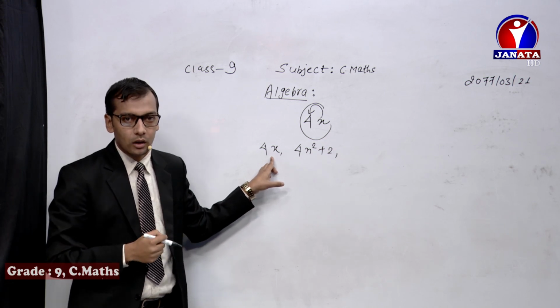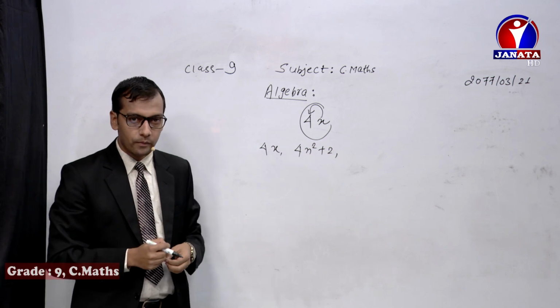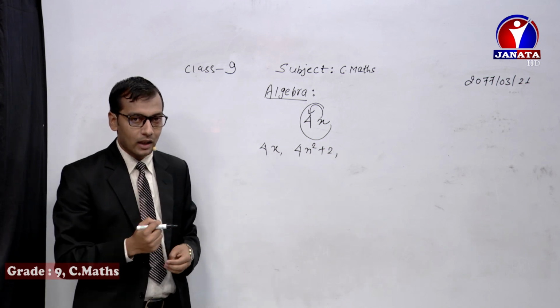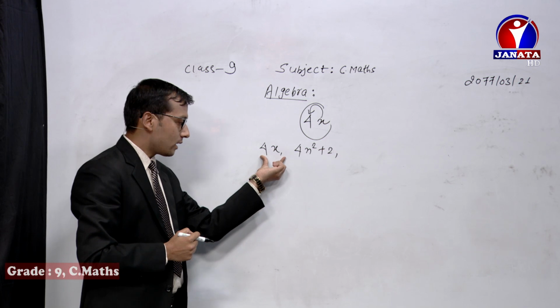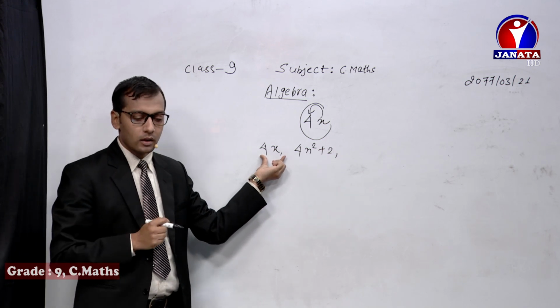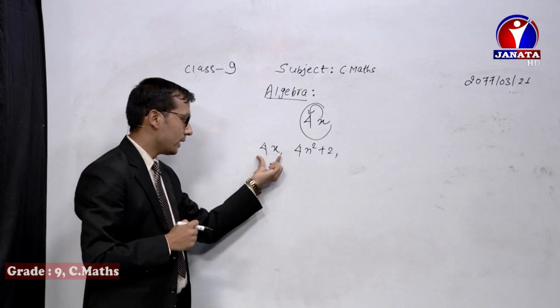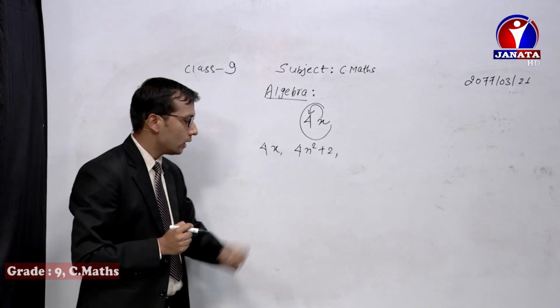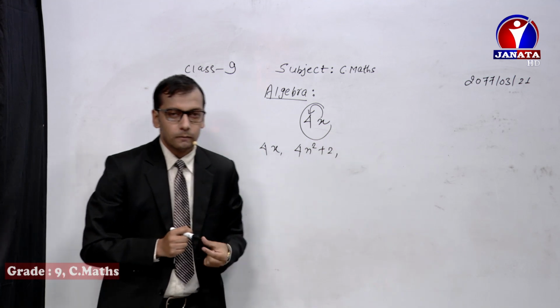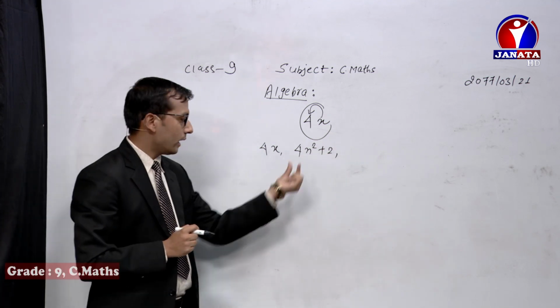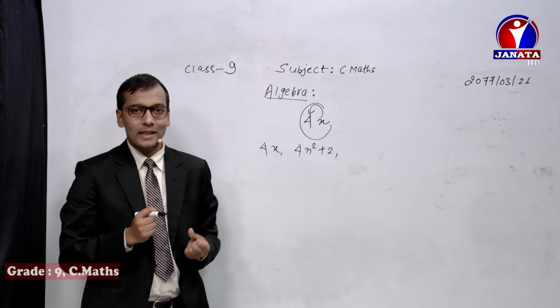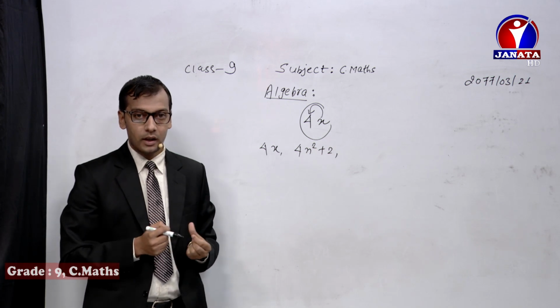In polynomials, we learn about monomial, binomial, trinomial and polynomials. So if an algebraic expression contains only one term, this is a monomial. If there are two terms like 4x squared plus 2, this is a binomial expression.